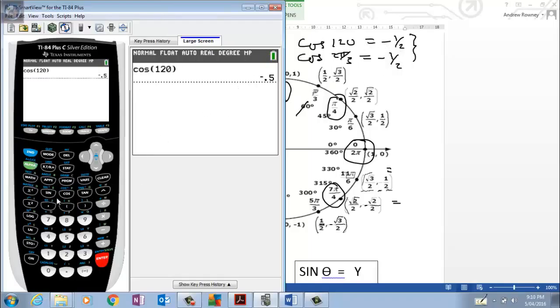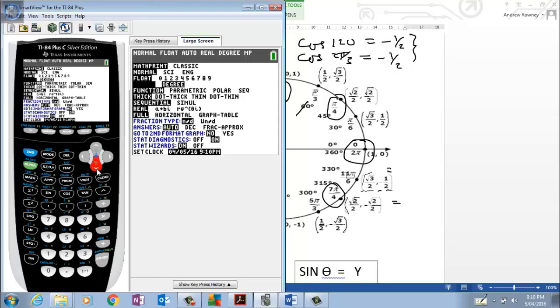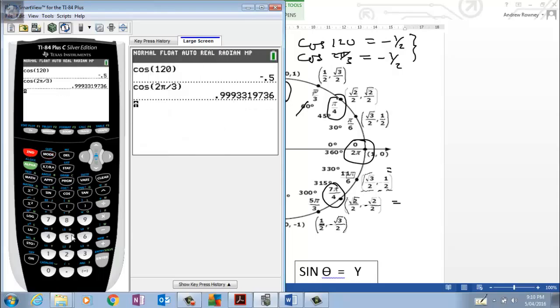But if we now put in the cos and we put 2 pi on 3, divide 3, we actually get the wrong answer because we are in degree mode and we're using radians. So we have to go to mode, change it to radians, then quit. Do that again, so the second entry. So it's cos 2 pi on 3, press enter and it does work. So when you're in degrees, you've got to use degree mode. When you're in radians, you've got to use radian mode to get the right answer.